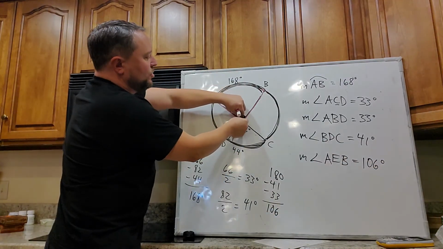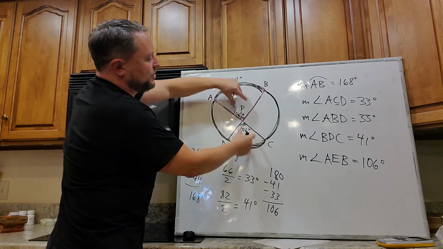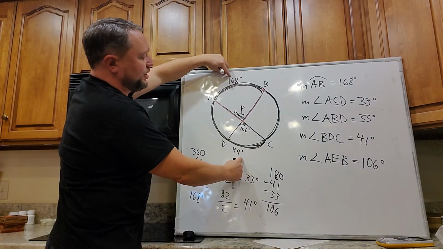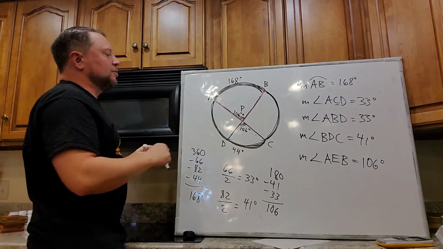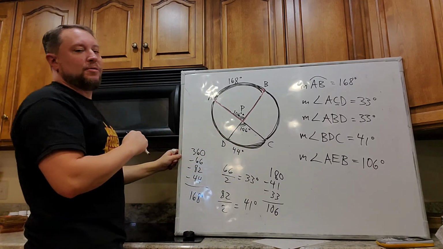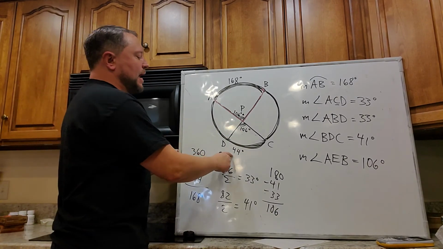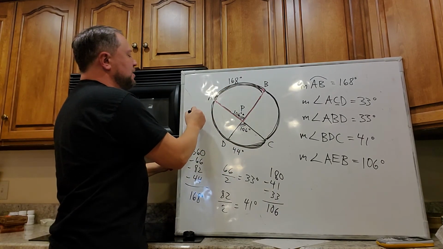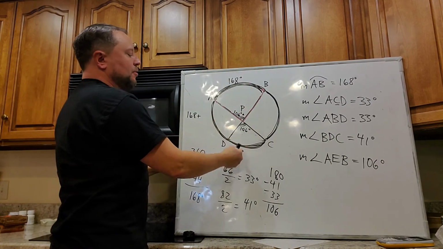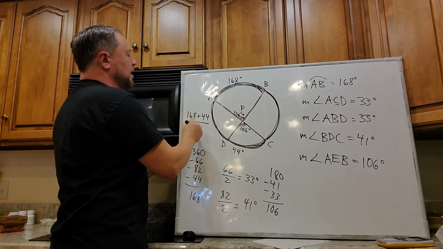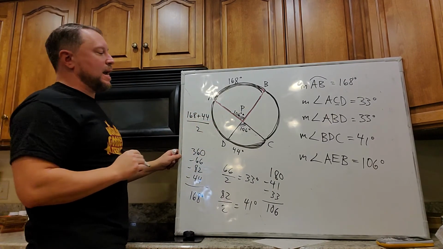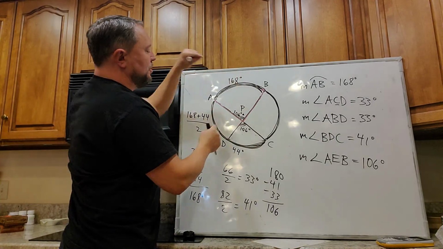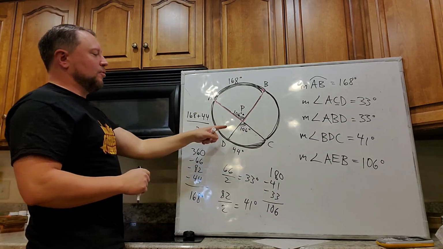Those two vertical angles that I know have to match hit these arcs out here that are 168 and 44. And it turns out the 106 that they're supposed to be here, you can get it by averaging these together. So if you take 168 plus the 44 and then divide that by 2, if you do the average of the arcs, then it'll come out to the 106.